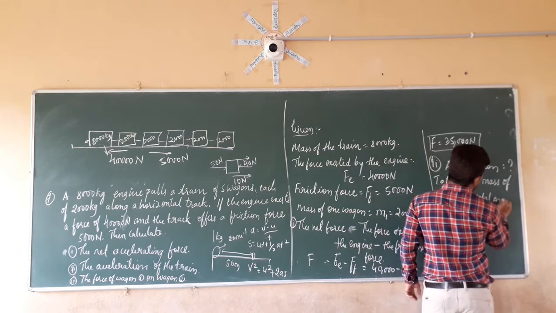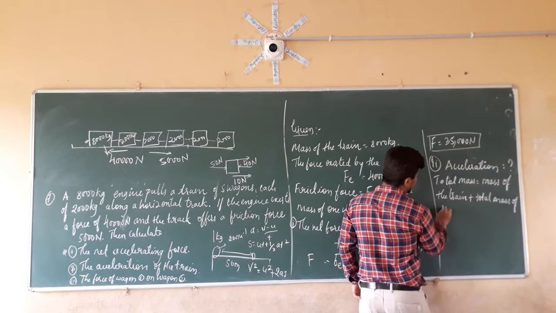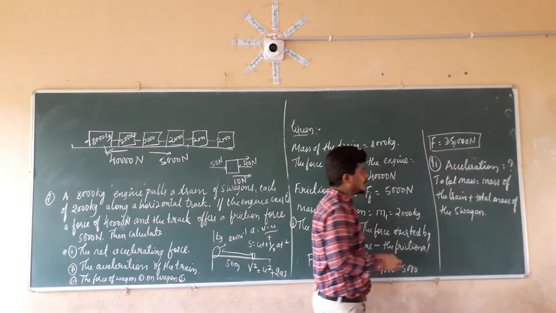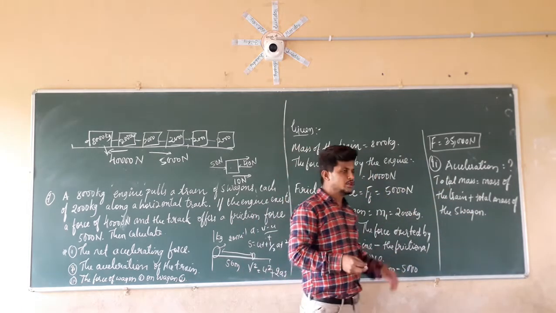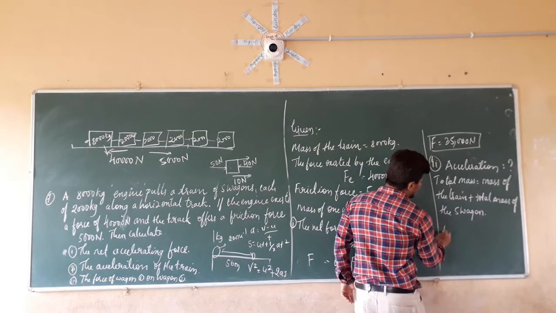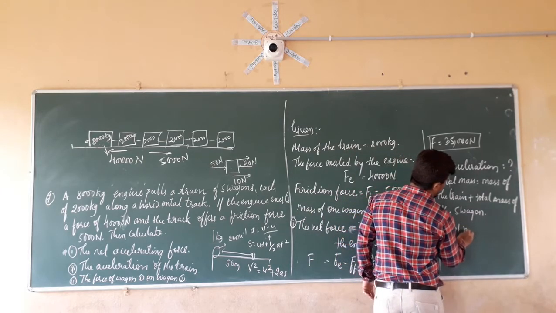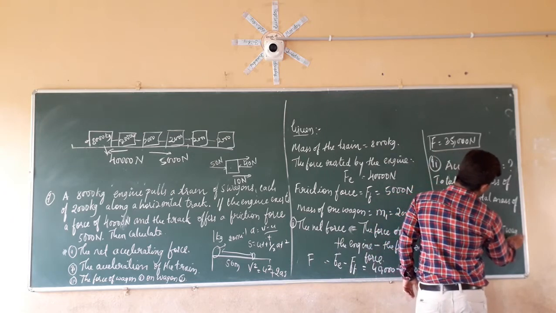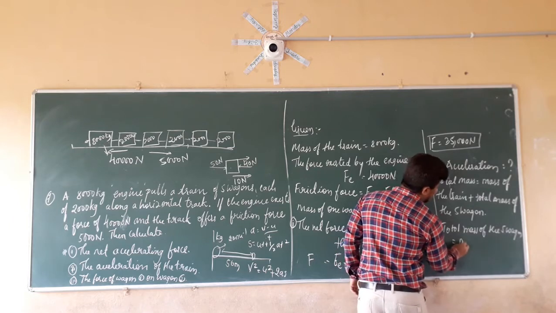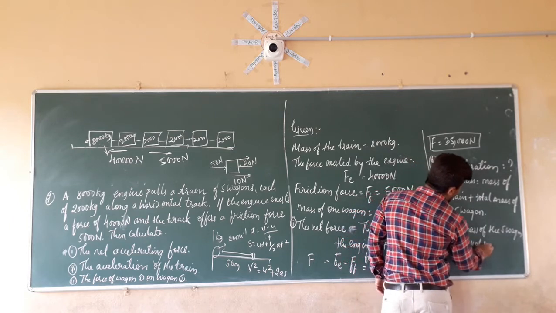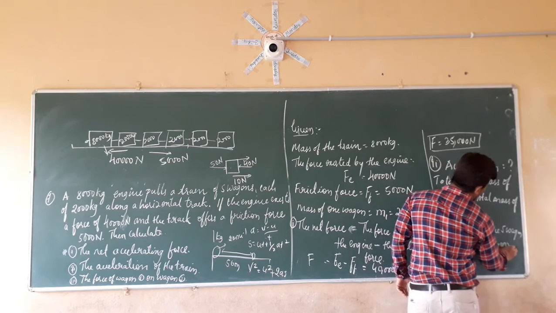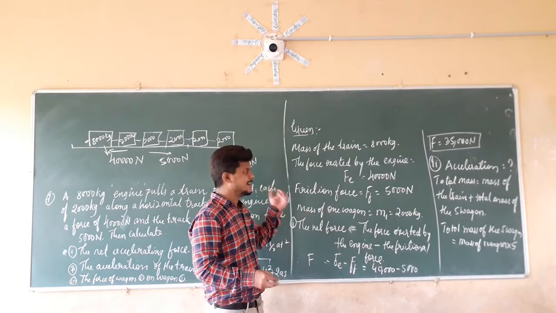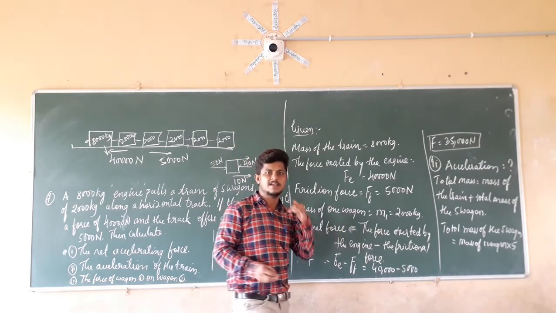Already the mass of the train is given here. Now we are going to calculate the total mass of the 5 vehicles. Total mass of the 5 vehicles is equal to the mass of one vehicle into 5. The mass of the vehicle is given as 2000 and all the vehicles have the same mass, so we are going to multiply by 5.